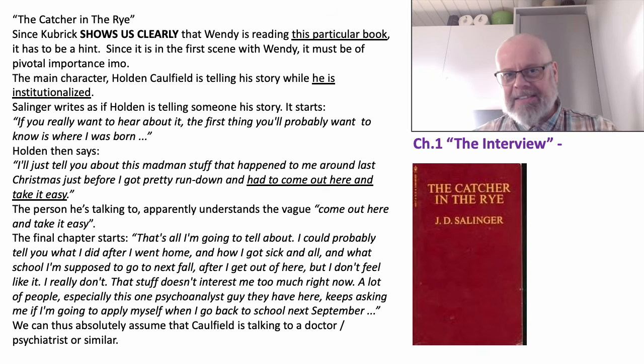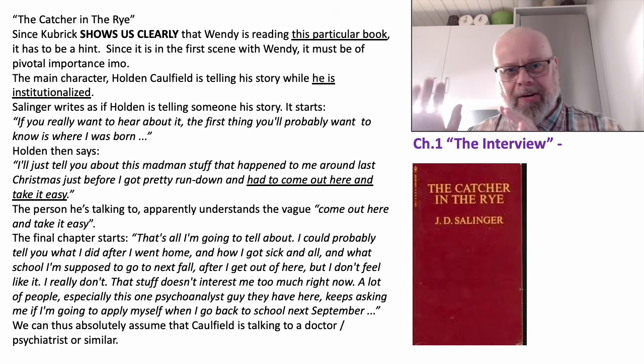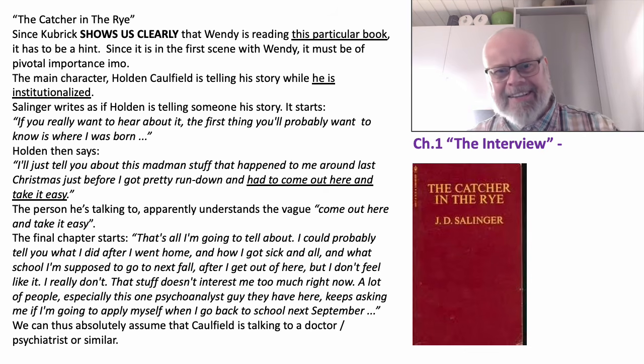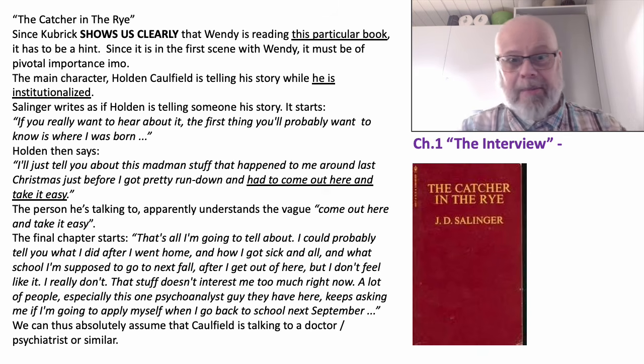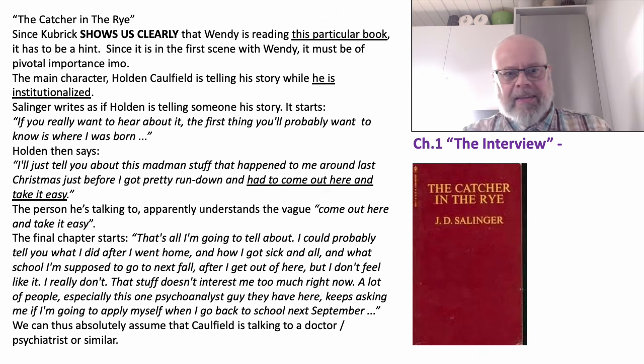Come out here and take it easy. He's trying to tell the institutionalization as if it's sort of a small journey to a hotel or something, like before I had to come up here to the hotel, right? It's very, very similar to this Wendy scenario I'm trying to paint, right?